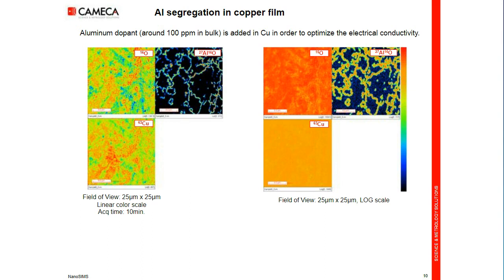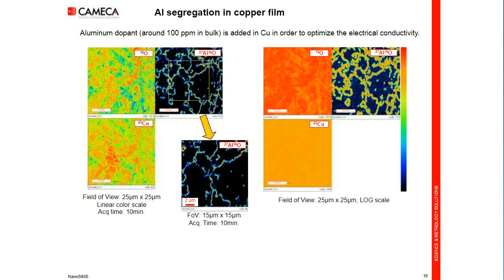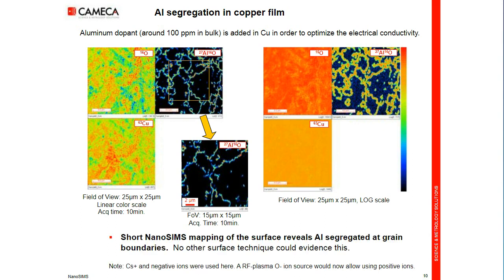We zoom on this image to reveal, on the left, images displayed in linear scale and, on the right, in log scale to reveal the sensitivity of the NanoSIMS. What we see is that the aluminium is segregating at the grain boundaries, and we get with this image very, very clear images in a short time.